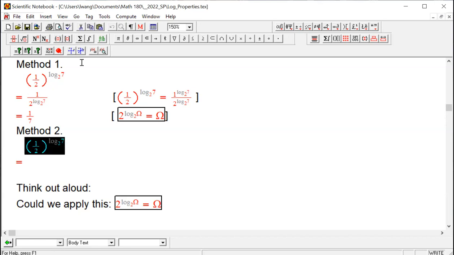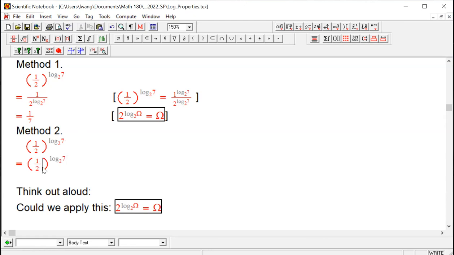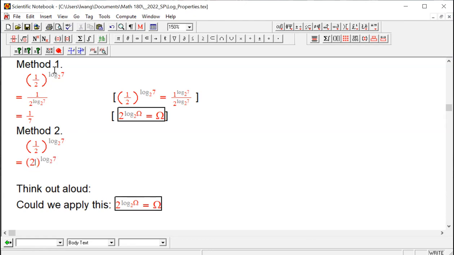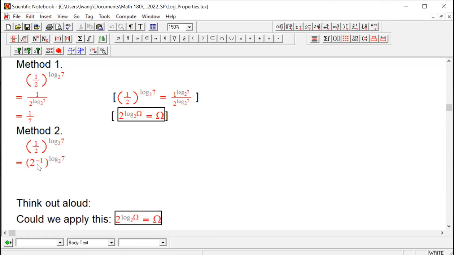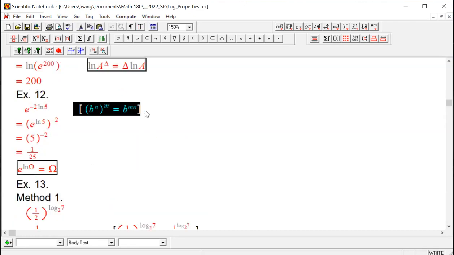So what I would do is that I know that there's a power here, but I'm going to rewrite 1/2 as 2 to the power of -1. So then we're in a situation where we multiply these two exponents, like what we did here.